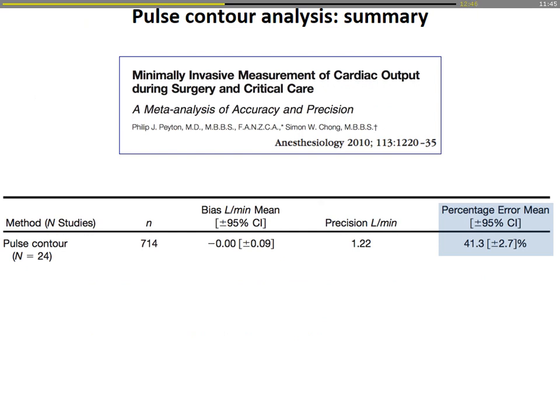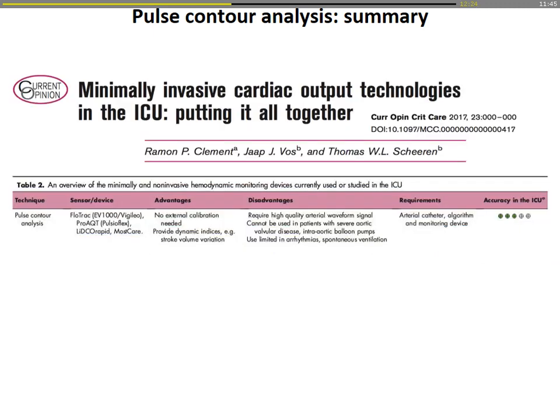This is a meta-analysis published some years ago, looking at the accuracy of all the studies published so far based on the pulse contour analysis, and the percentage error was 41% on average. As I said, 30% is considered acceptable, so it's above this limit.